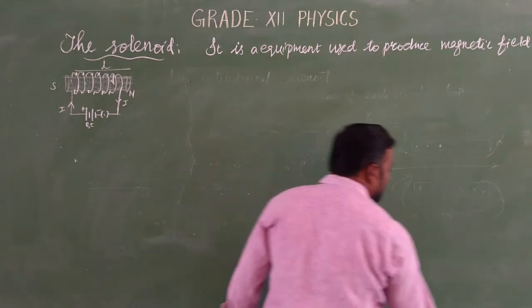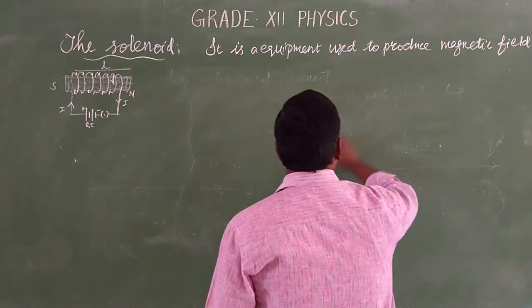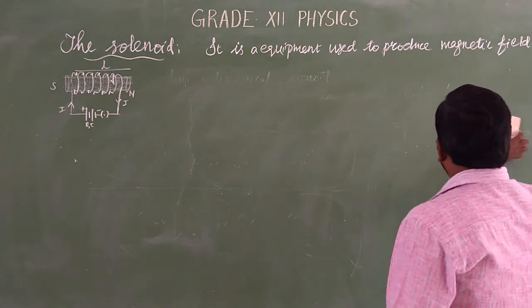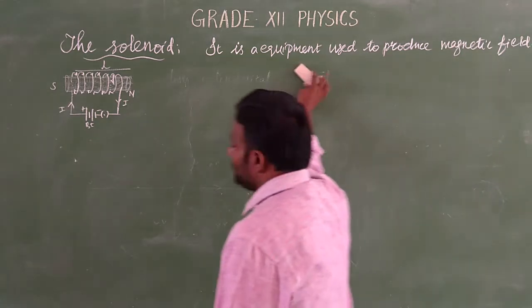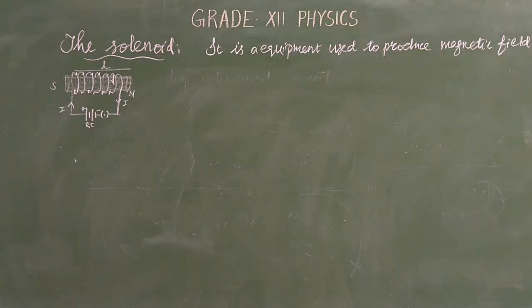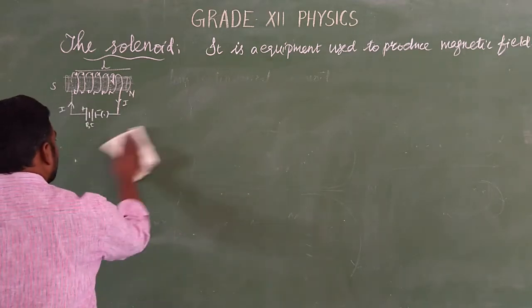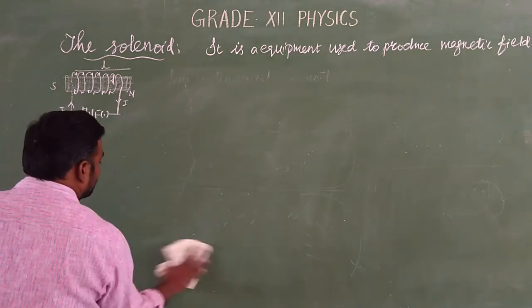According to convenience we may have the shape, but both are equipment used to produce a magnetic field. Now we are going to determine the magnetic field produced by a solenoid only. Toroid in the next topic.